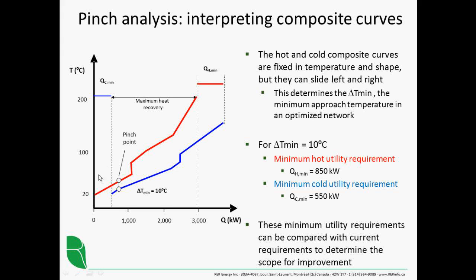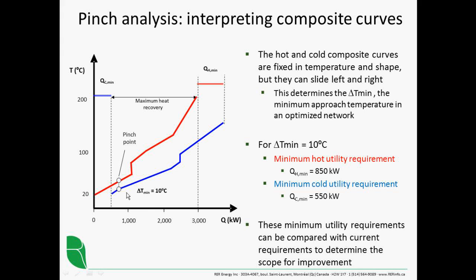And by the same amount, our cold utility requirement is increased because this unoverlapped region here is increasing. So there's a natural trade-off between how close these curves approach, where the closer we bring them minimizes our hot and cold utility requirements, and the further apart minimizes the cost of heat exchangers.